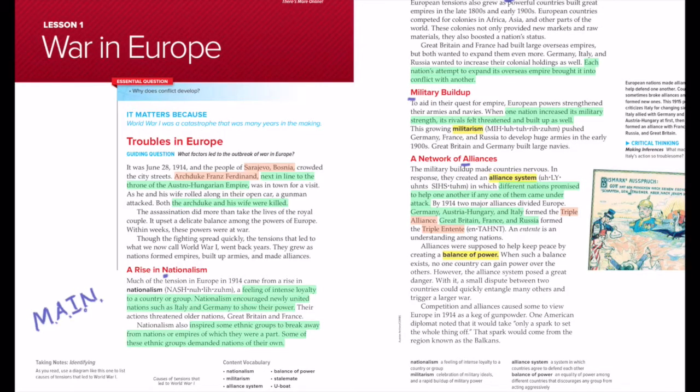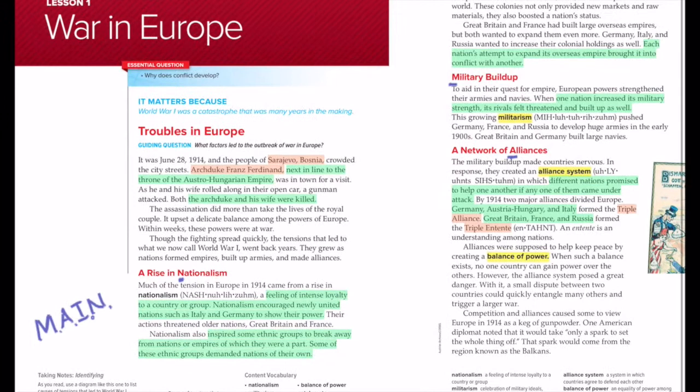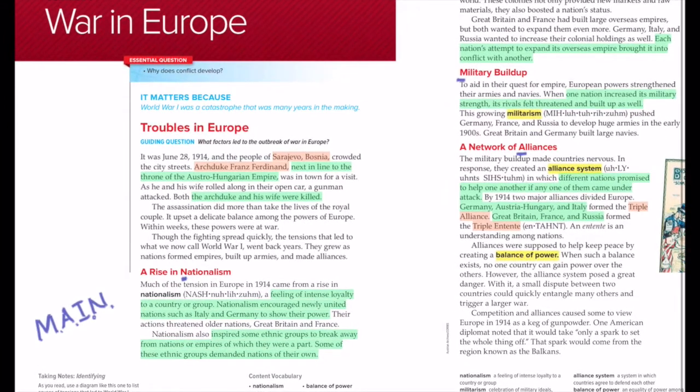So interestingly enough, there was one particular incident that kind of sparked the starting of the war, and that was the assassination of Archduke Franz Ferdinand. The world looked a little bit different back then. Austria-Hungary was combined, Austria and Hungary, and there was a big empire.